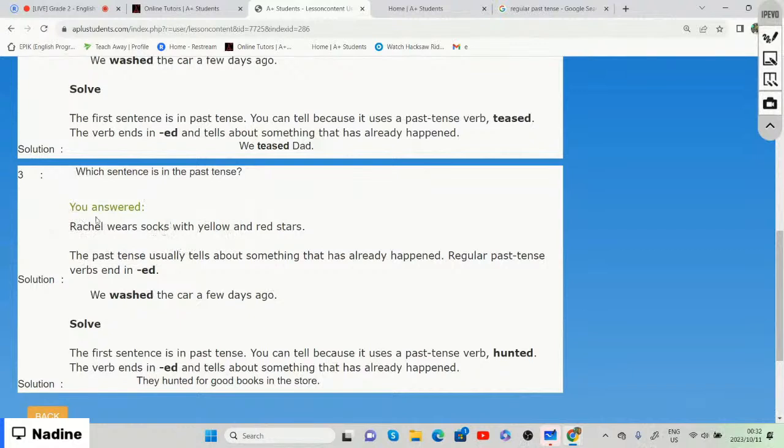So if we select the regular past tense of Rachel wears socks with yellow and red stars, we can't say wears with an ED because this word changes.